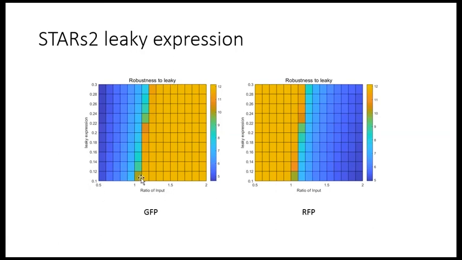The balance steadily shifts from 1. And for GFP, it means that it needs to produce more STAR1 to balance the leaky expression of STAR2. However, if we have more difference between the two inputs than the difference between leaky expressions, the system can still work very well and still stay sensitive.